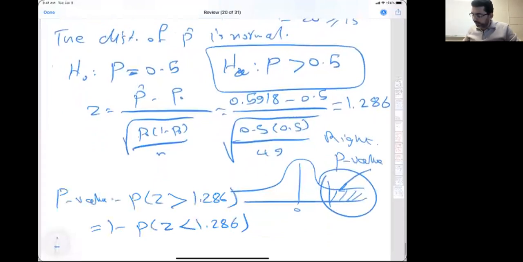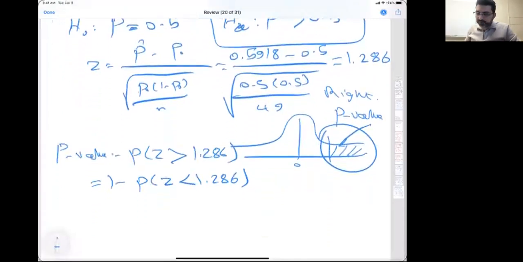Of course, we need to round 1.286 to 1.29 so we can use the table, but if you use Excel, you don't need to round anything.